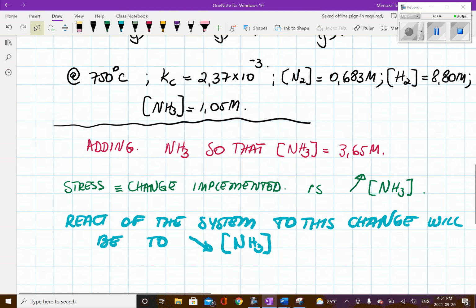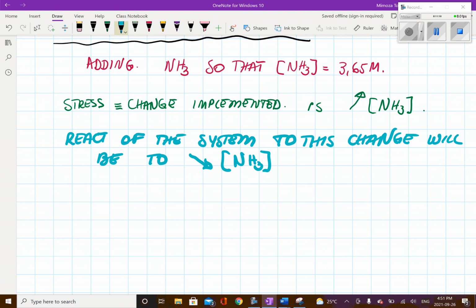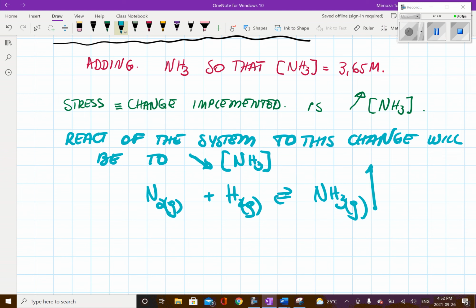So if we write this reaction, you increase the concentration of this, then the reaction moves in this direction. So the arrow now goes to the left. The reaction is shifted to the left, which means that NH3 is decomposed into nitrogen and hydrogen gas. Make sense?